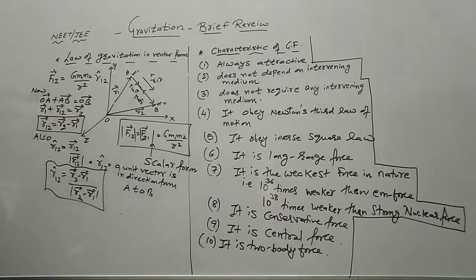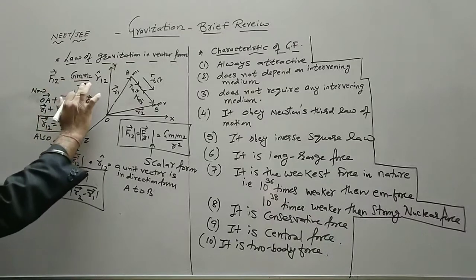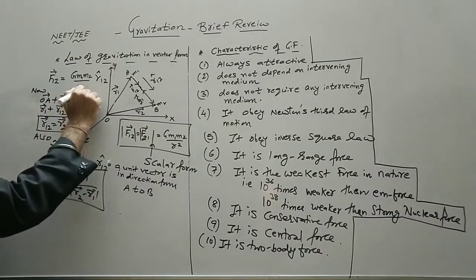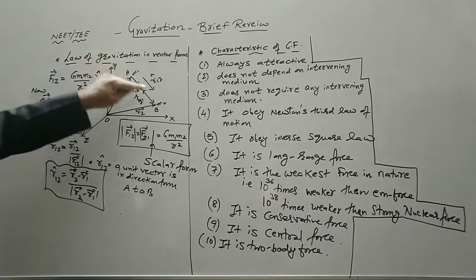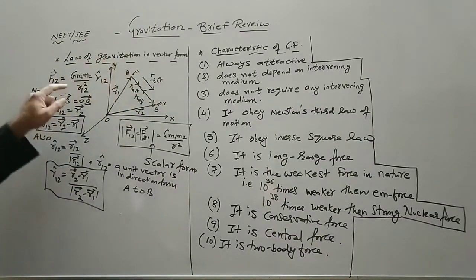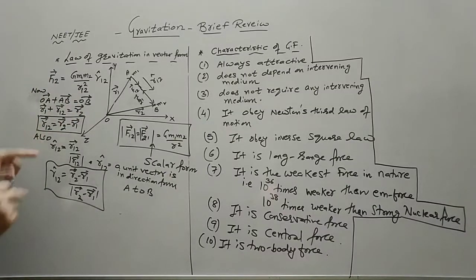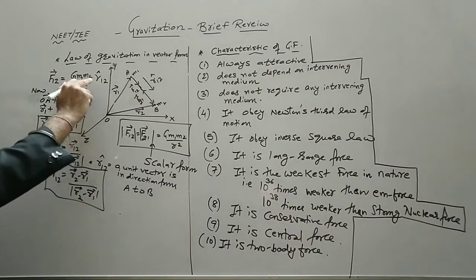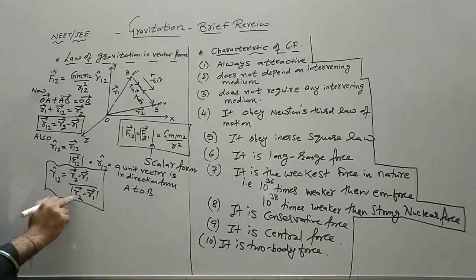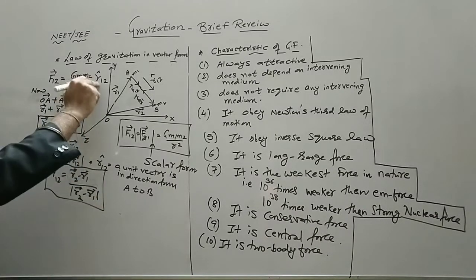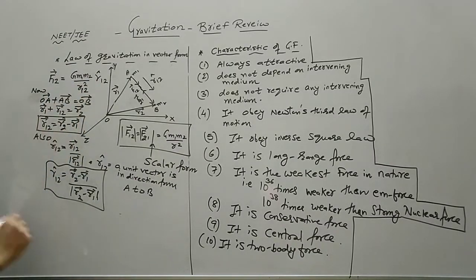in this equation. Now since this is the force between 1 and 2, we write this as R12 square. That is the magnitude. Whether you measure a distance from A to B or B to A, the distance is the same and it is in scalar form. Now we substitute the unit vector R2 minus R1 upon the mod of R2 minus R1 on this side, and R12 can be written as R2 minus R1.